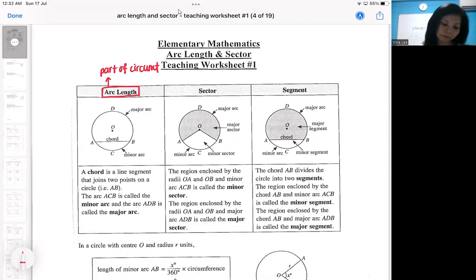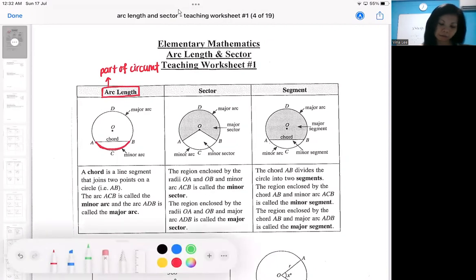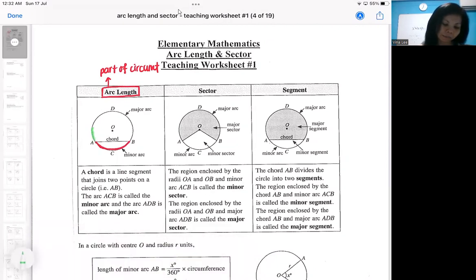For example, this part here is called the minor arc, and this part is the major arc. The major arc will be more than 50% of the circumference. The minor one is a bit shorter, but it's part of the circumference that we are used to. Circumference is the full circle.